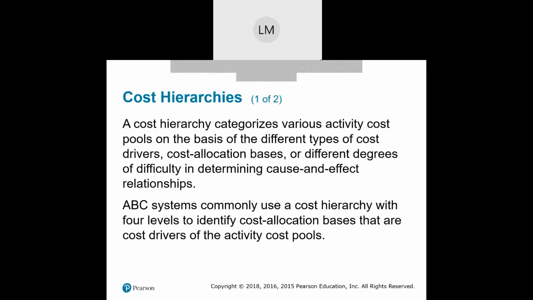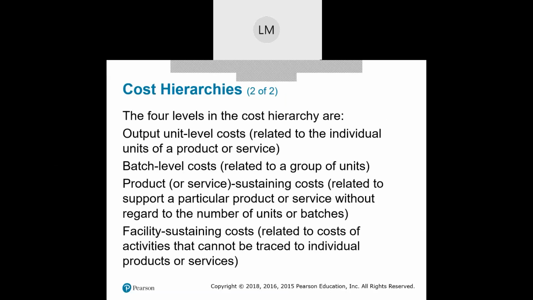Now, when we look at costs, we're going to categorize these into a cost hierarchy. And these are different types of costs, different types of cost drivers, cost allocation bases, or different degrees of difficulty in determining the cause and effect relationship. So let's look at those four costs in the cost hierarchy.